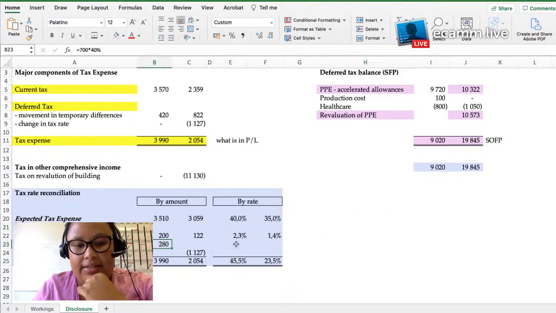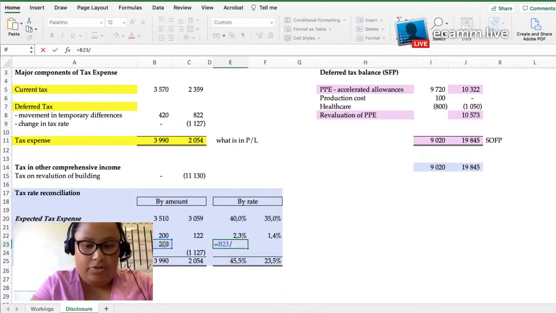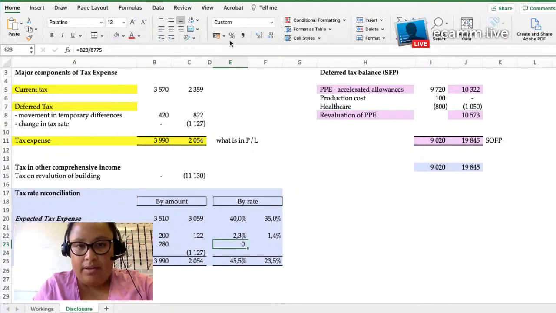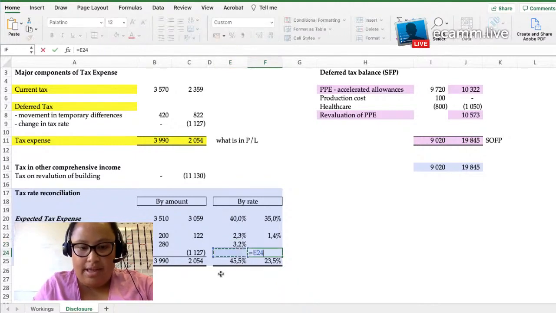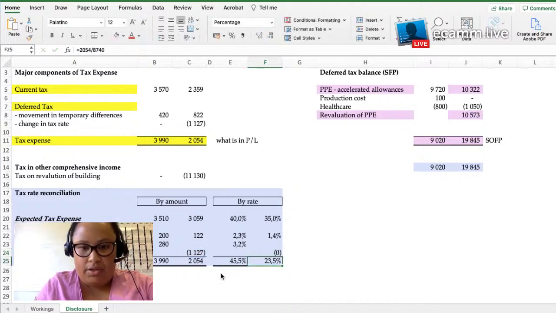Next we take the fines. We take that number divided by the accounting profit, which is 8775, as a percentage. Then we take that number and divide it by the accounting profit, which is 8740.